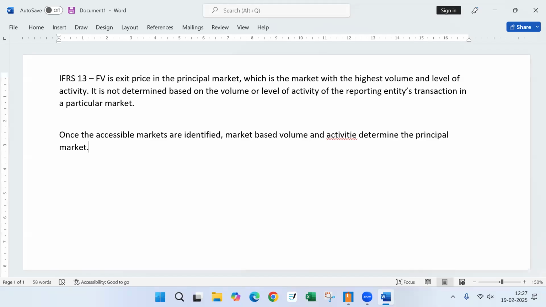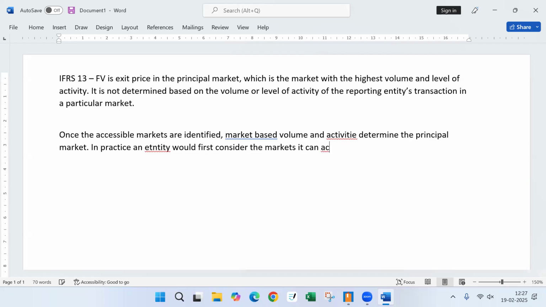In practice, an entity first considers the markets it can access.